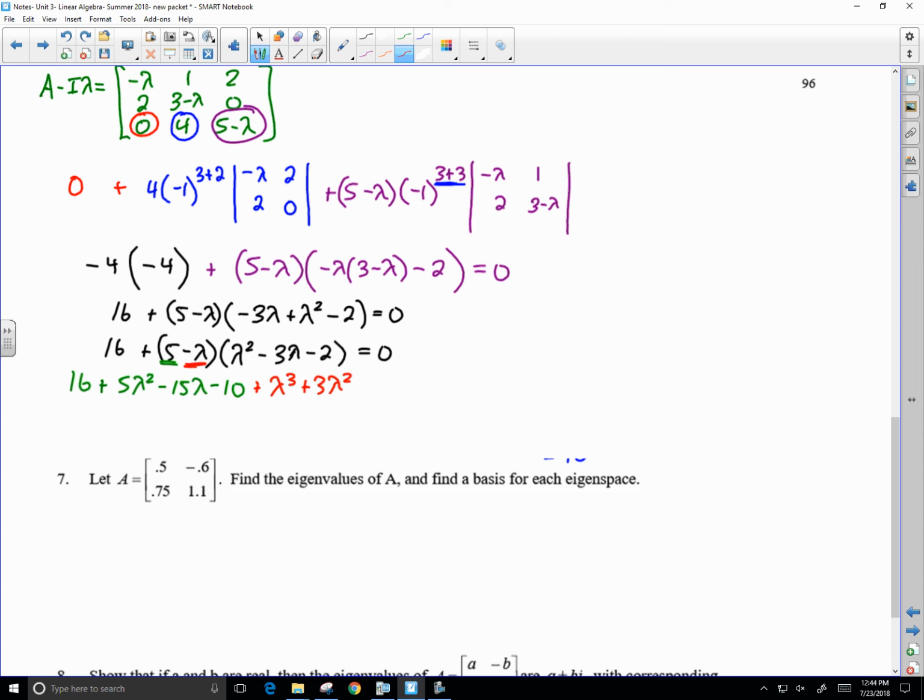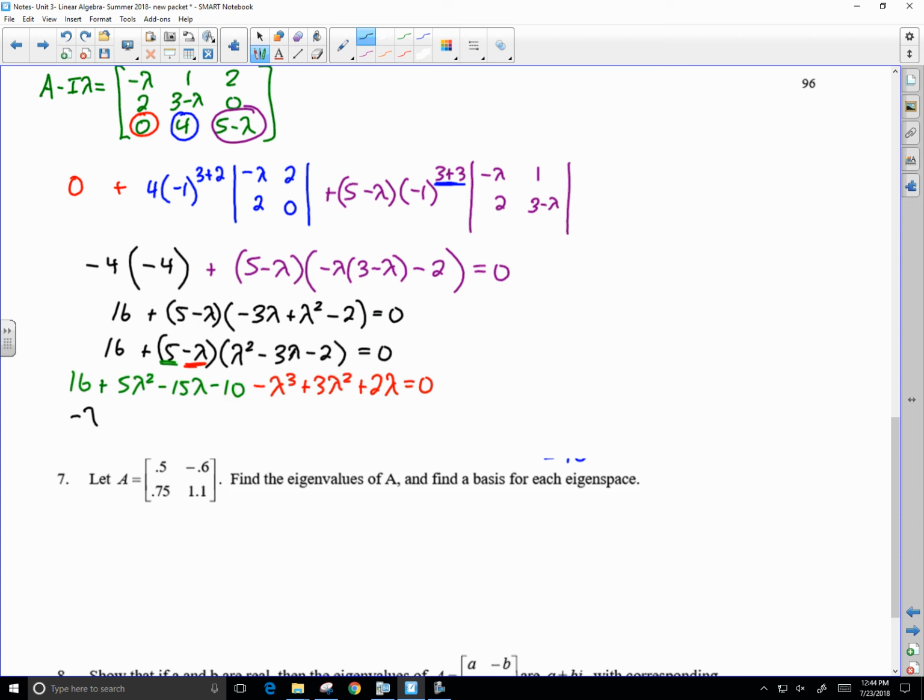Oh, possibly. Yeah, negative lambda cubed. Hence the ideally. Plus 2 lambda equals 0.